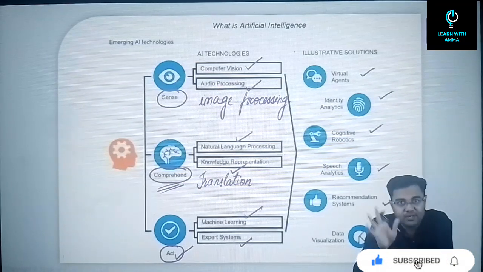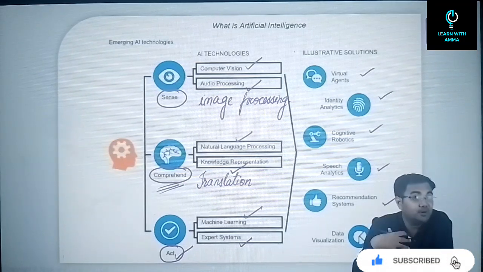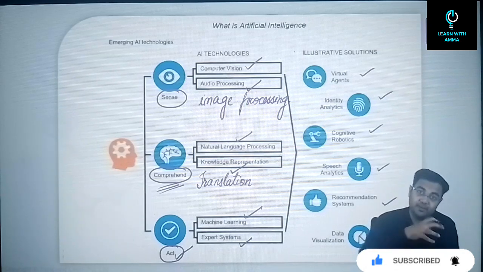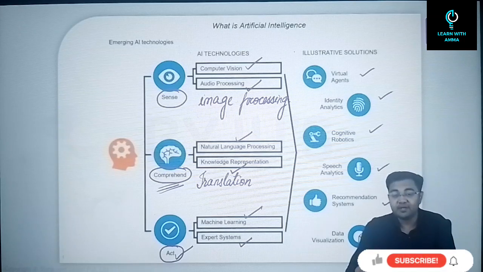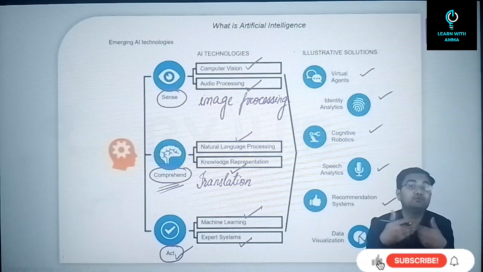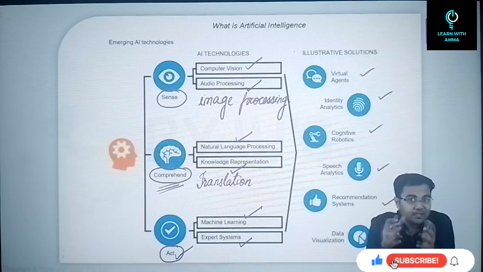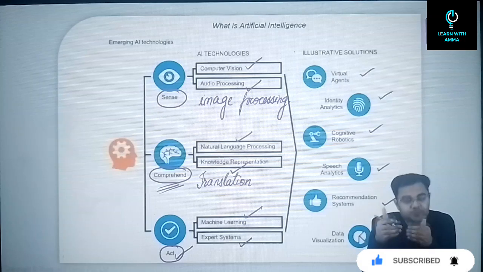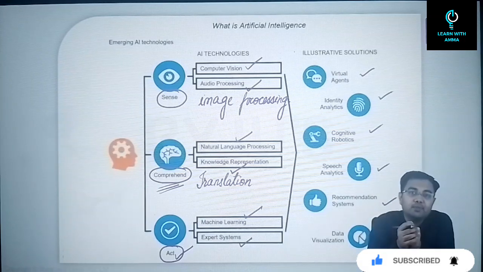The answer would be all of the above, because there is nothing that is beyond the capacity of artificial intelligence. Some things have already been discussed, some are in development, and some will be developed in future. If a question says "can be", then there are n number of possibilities, and perhaps all the options given there are correct.